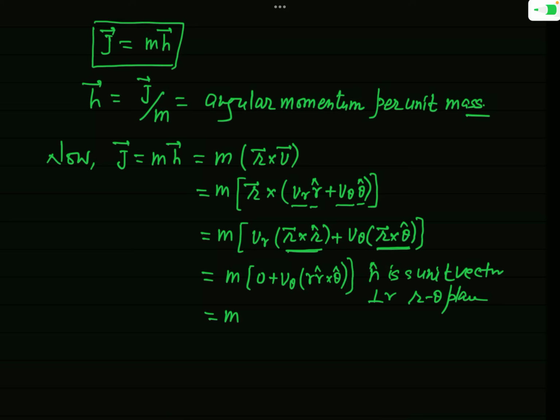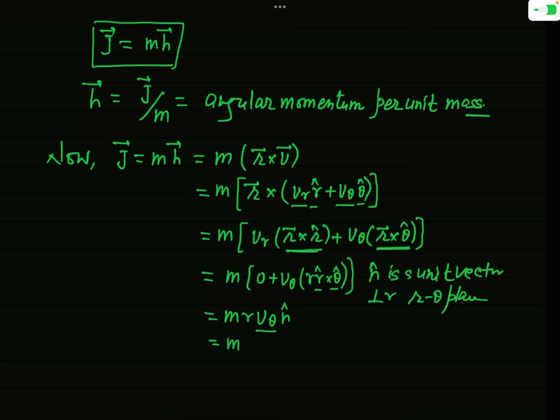Now the cross product of unit vectors r hat and theta hat is in fact n hat. So this is m into r into V theta into n hat.